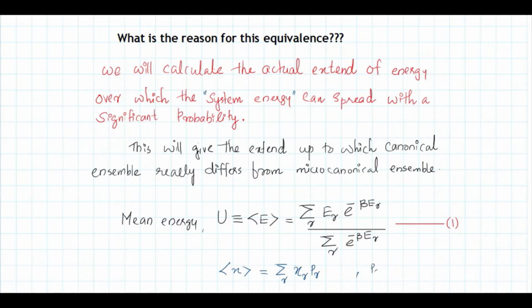Pr is actually e raised to minus beta Er divided by sigma r e raised to minus beta Er. So for any quantity, you can find its average value using this expression. So the average value of energy is given by sigma r Er Pr, and this is the value of Pr. So mean energy is given by this equation 1.